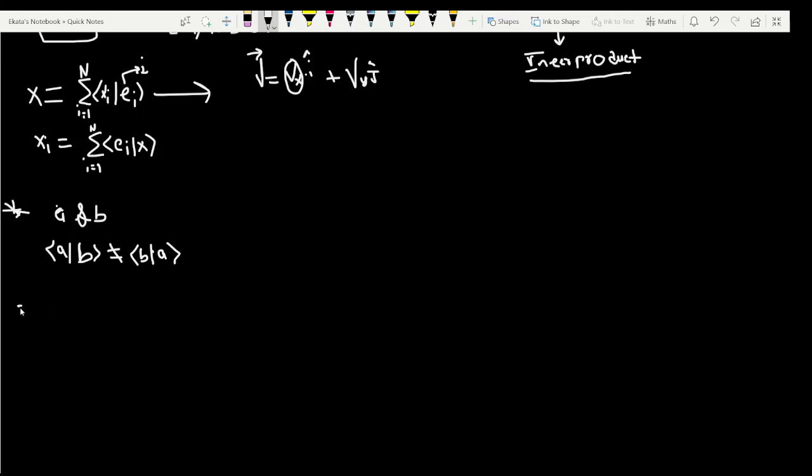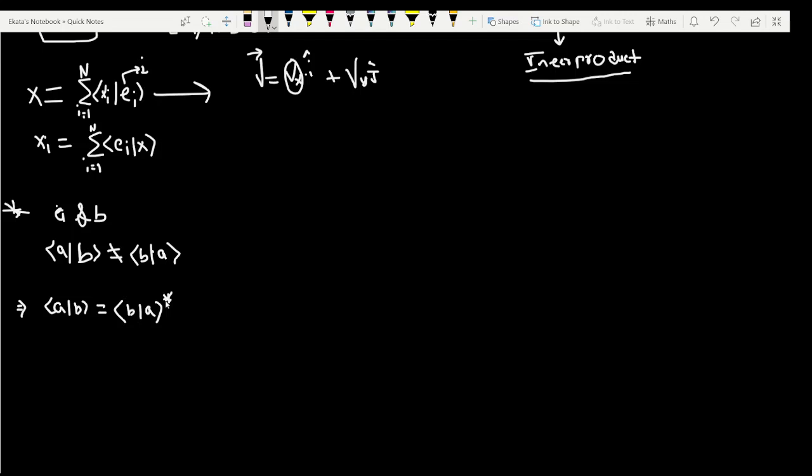So with the involvement of complex quantities, when you take the inner product of two vectors in an n-dimensional vector space, it equals the complex conjugate of the inner product taken in the reverse order.